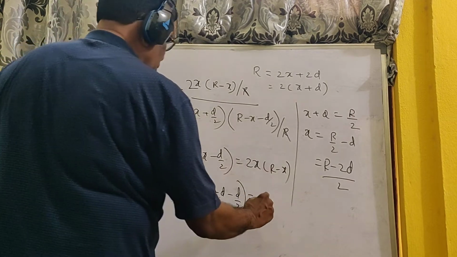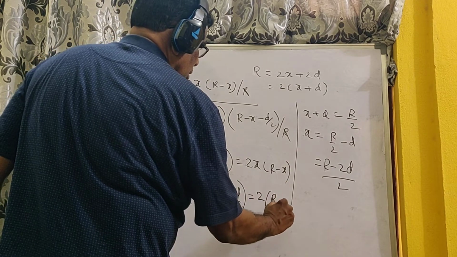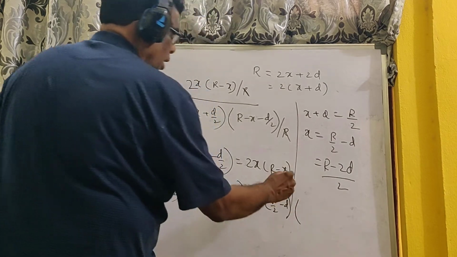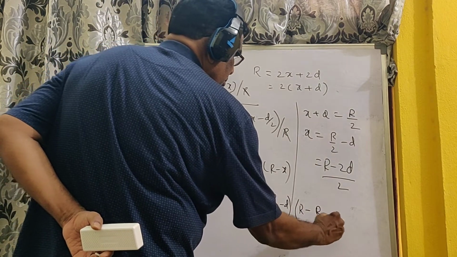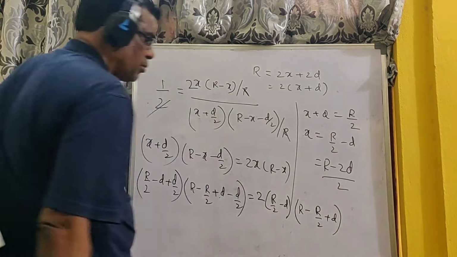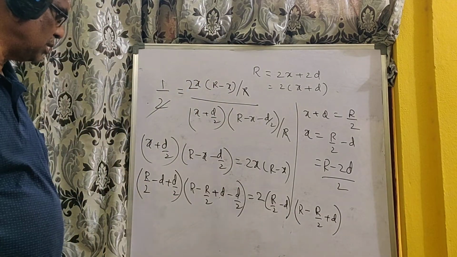And on this side you have 2 into x, which is r by 2 minus d, and r minus x. I am writing it all likewise. So this is what is given.